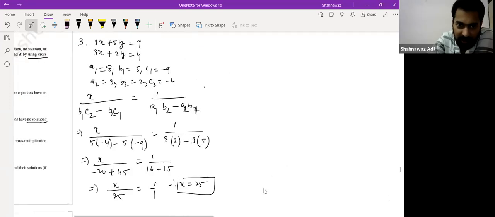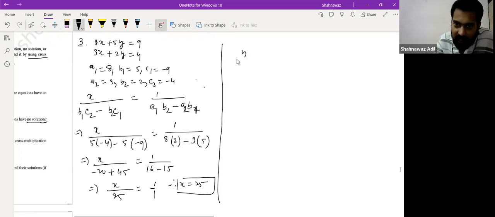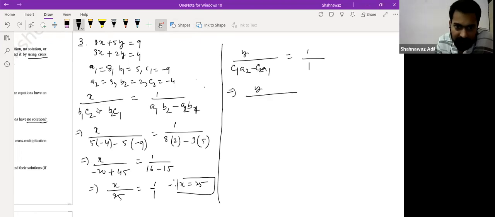Let us solve for y. So y is, upon, minus C1 is 9, -9, right?